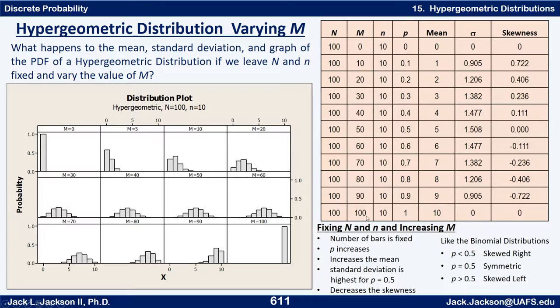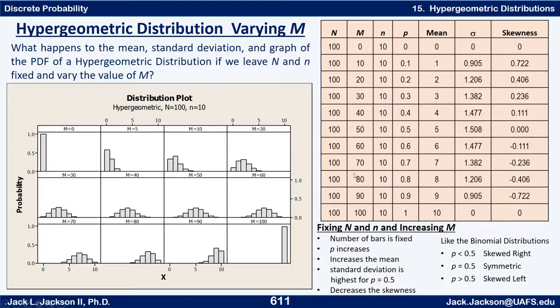Now, of course, 0 and 100 are special cases, because if there are 0 successes, everything is always a failure with 100% probability. So no skewness, no standard deviation. The mean is 0. And if it's 100, if they're all successes, then the probability of a success is 1, and the mean is all of them, 10, with no standard deviation and no skewness. Those are special cases.